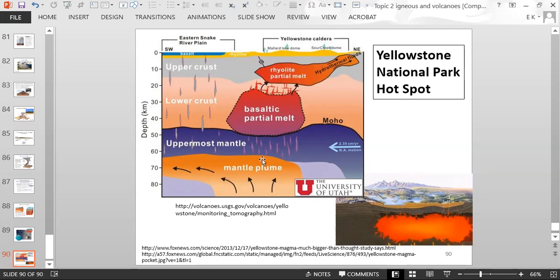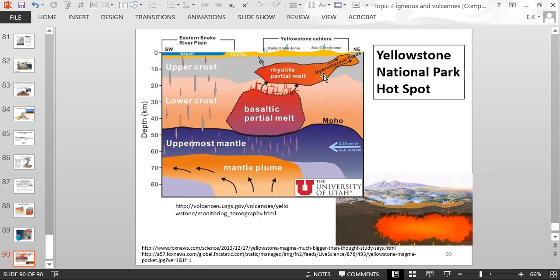Again, the mantle is ultramafic rocks. So when you partially melt the ultramafic rocks, you're going to get basalt magma. And then when you partially melt your basalt, you're going to get more felsic, which is rhyolite.